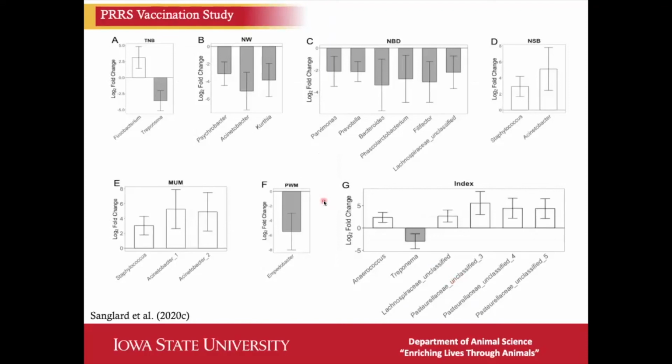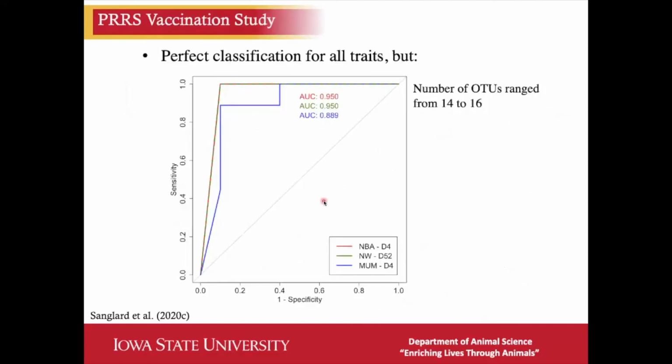And again, I'm going to use the same explanation that this is one approach of doing one at a time and trying to find what are the bacteria that differ between them. And I don't think that's the most efficient. I think it's much better to use the whole data together and see, hey, if we have this group of bacteria, can we tell if this animal will be a high or low performer? And when we did this, we actually got a perfect classification for all the traits.